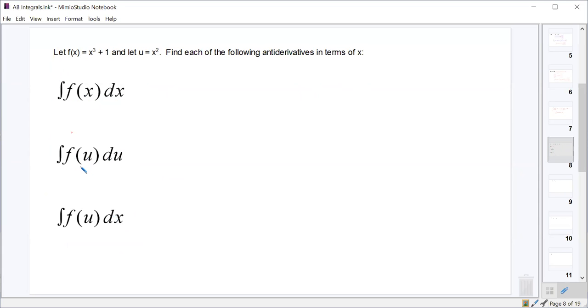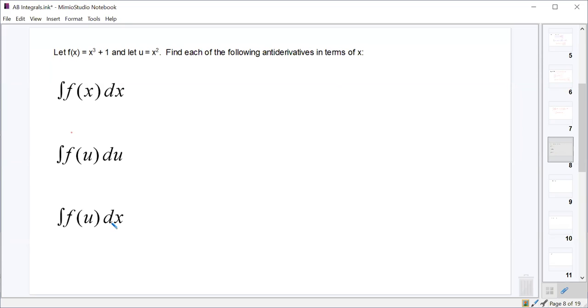But where I write f in terms of u and it has a dx, we're going to have to do some extra stuff to be able to integrate it. Very important that those match up. You can't integrate something that is in terms of u in terms of x, just like, without implicit differentiation, we couldn't differentiate a y in terms of x without using the chain rule. Effectively, for the rest of the day today, we're going to be doing the chain rule in reverse with integrals.